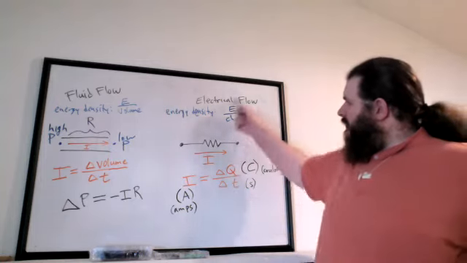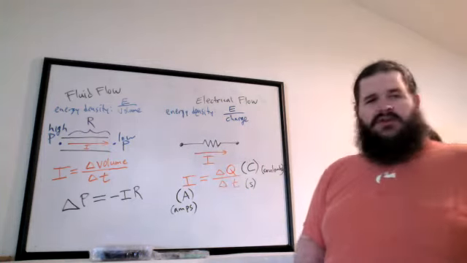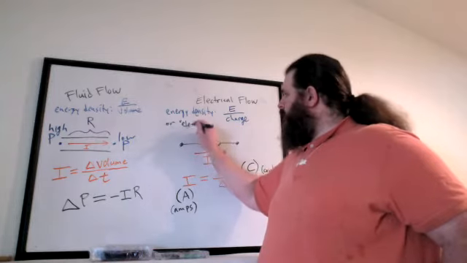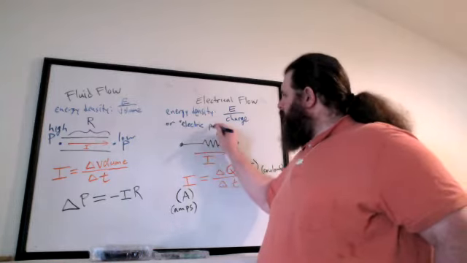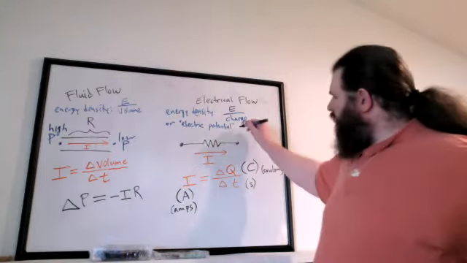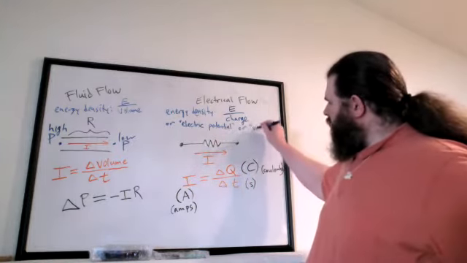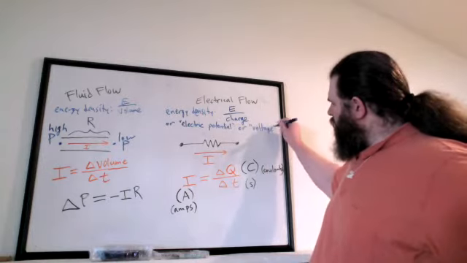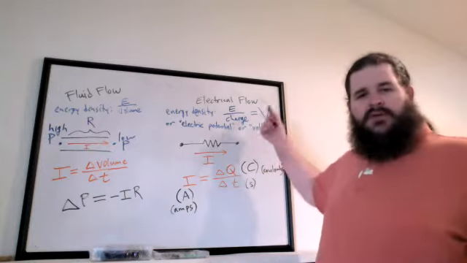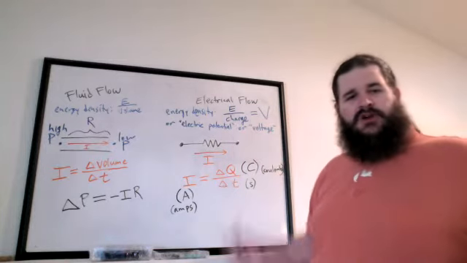This is also called the electrical potential, and it is also known as voltage. So we write that as a capital V. So voltage is energy per unit of charge.